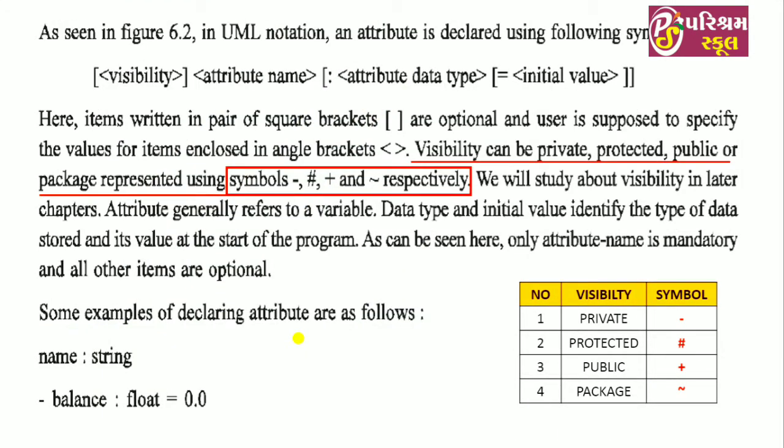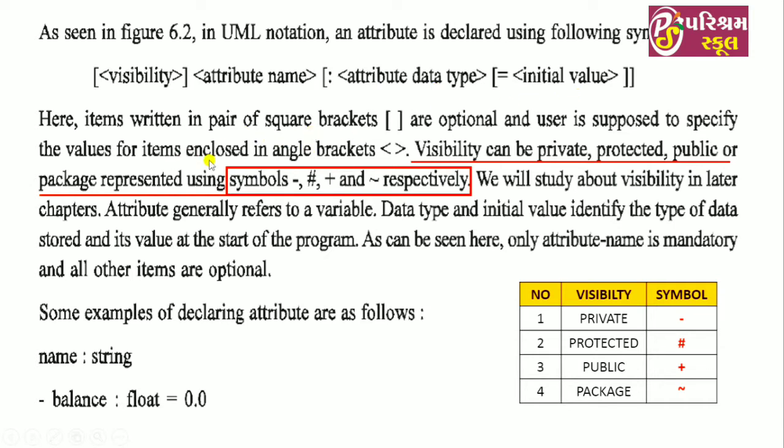Another point is syntax, and visibility of the class. That is very important in the exams. First we discuss the syntax. The syntax is: visibility, attribute name, attribute data type, and initial value.